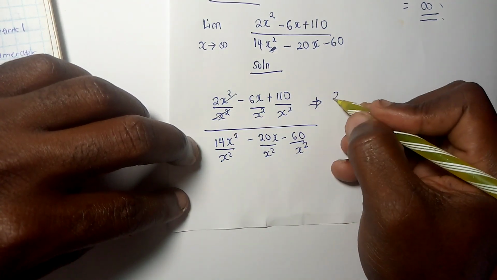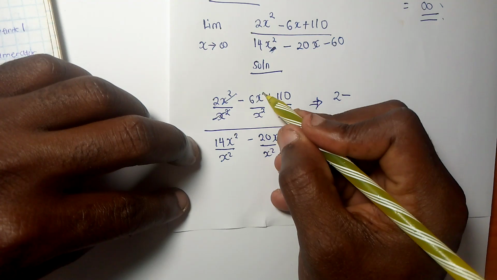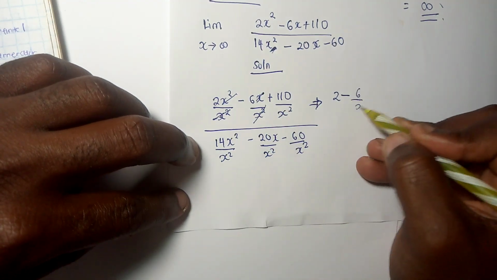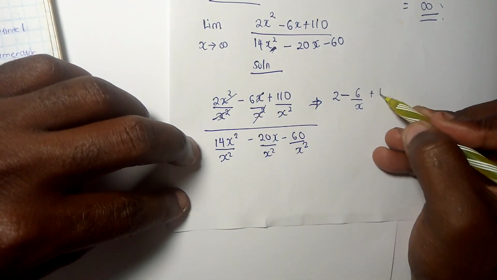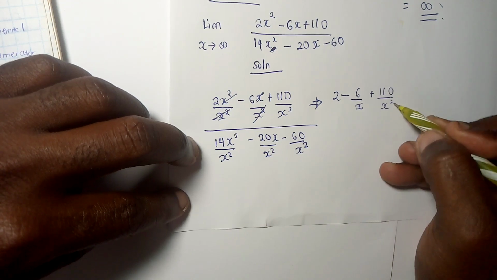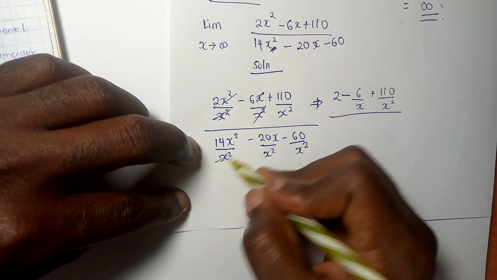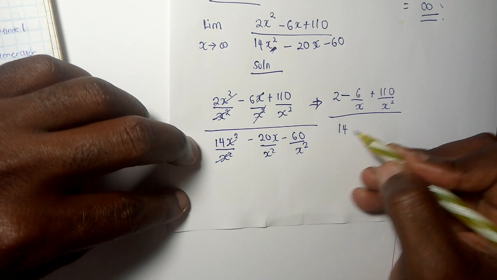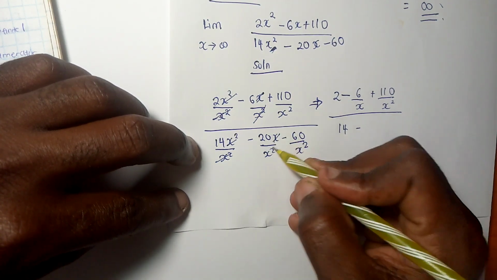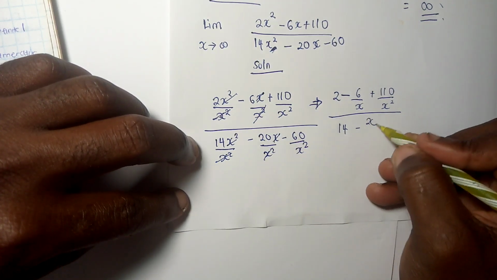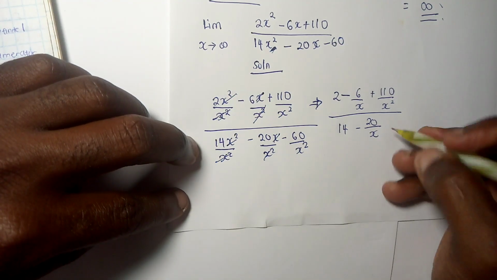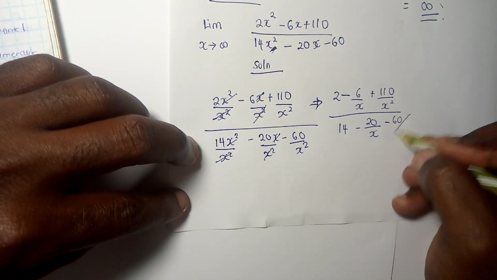The numerator will translate to 2 minus 6 over x plus 110 over x squared, and the denominator will remain 14 minus 20 over x minus 60 over x squared.